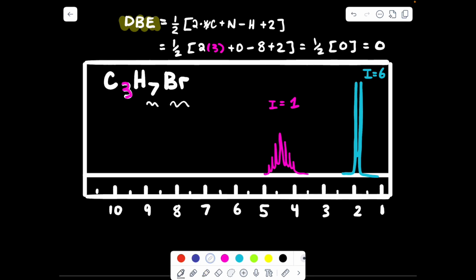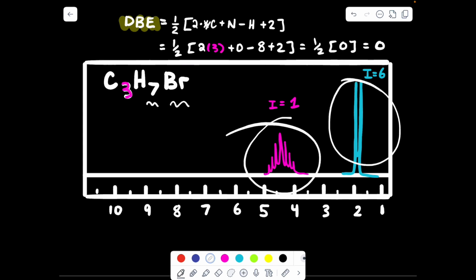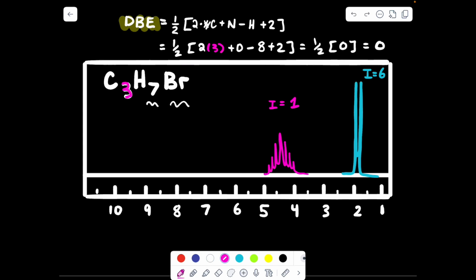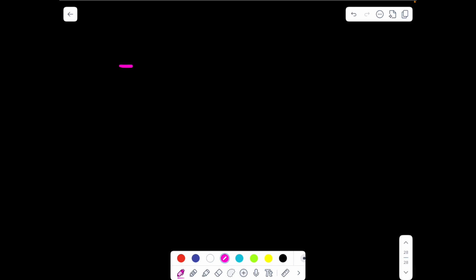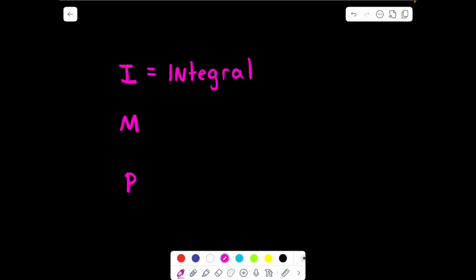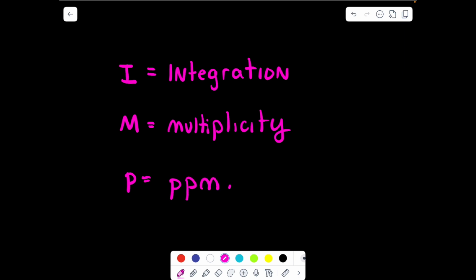Now, after I determine the double bond equivalence, the next thing I want to do is perform IMP on each of the peaks. I already gave you the I, so starting with the pink one, I'd go IMP. I is equal to the integration, M is equal to the multiplicity, and P is equal to the ppm.